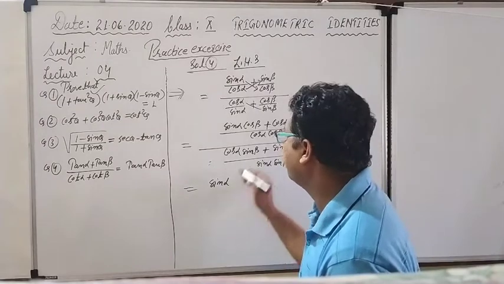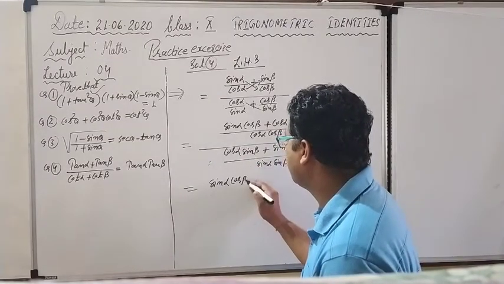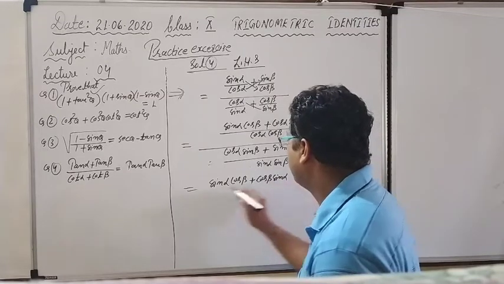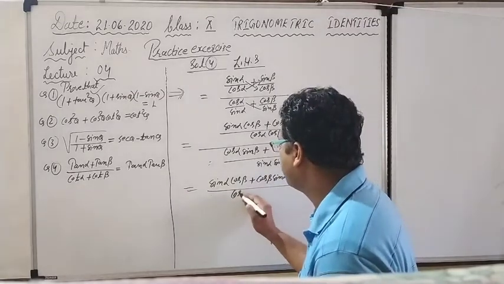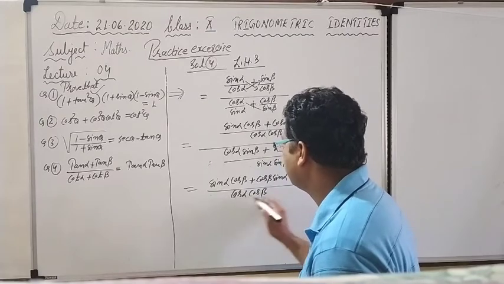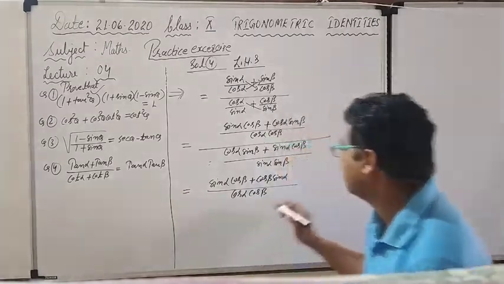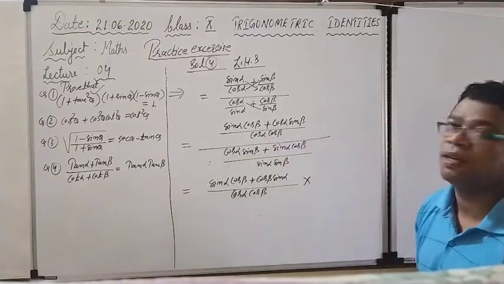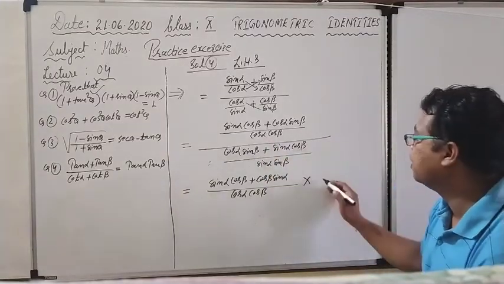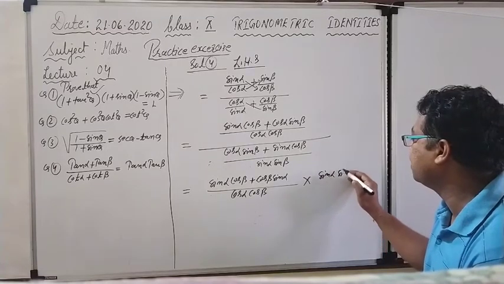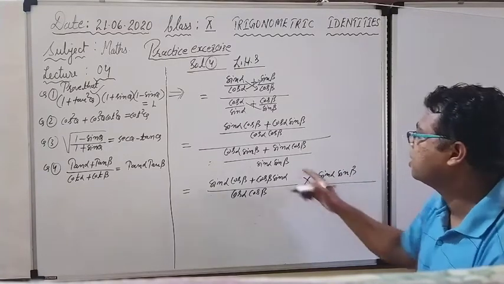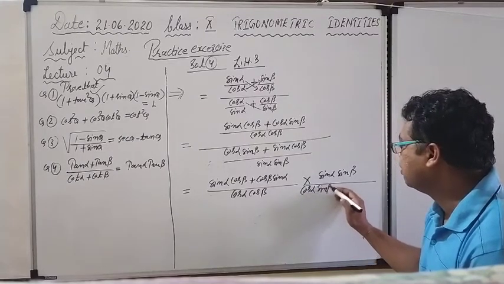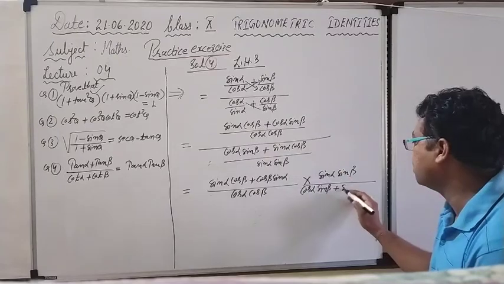Again I am going to write down sin alpha cos beta plus, only copy paste, cos beta sin alpha upon cos alpha cos beta into. Right now when we are solving the denominator with the help of the multiplication sign, it will be the reciprocal, so sin alpha into sin beta goes on the numerator side, and upon the same thing, cos alpha, only copy paste, sin beta.